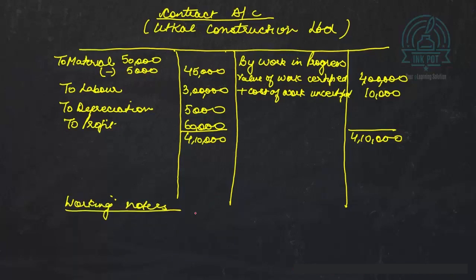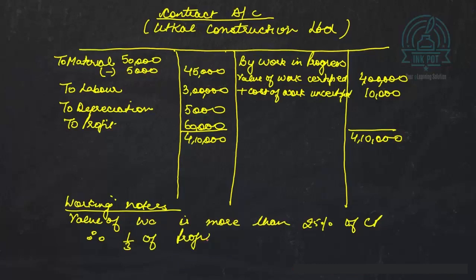Since value of work certified is more than 25% of contract price, therefore 1/3 of profit will be transferred as reduced by the percentage of cash received.